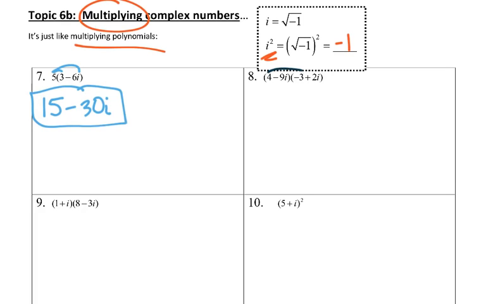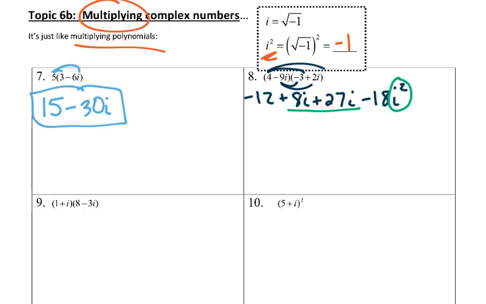We have to FOIL it, so we're going to do negative 12 plus 8i, and then a plus 27i, and a minus 18i squared. So now, middle terms will combine, just like normal polynomials with x's and y's, but this i squared is going to be a little bit funky.